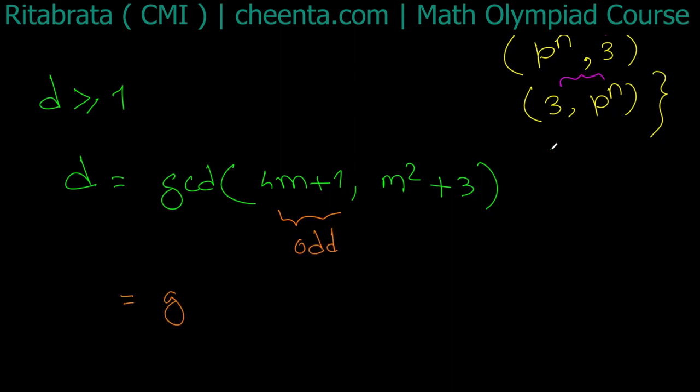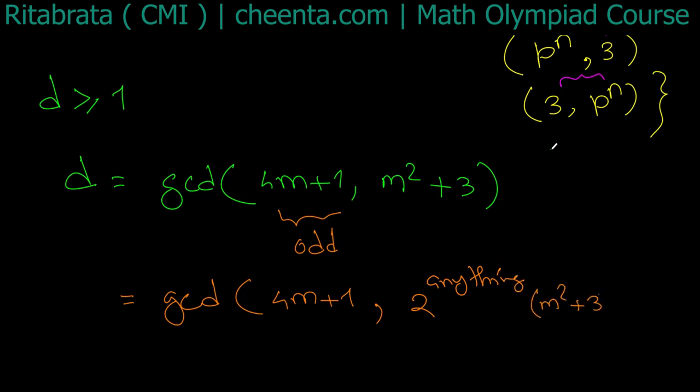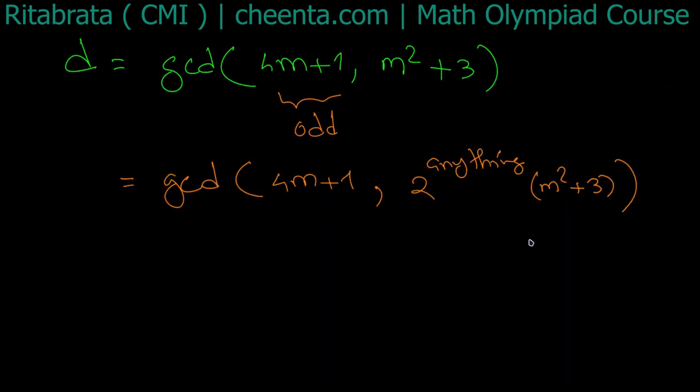So I can multiply a number by a coprime factor and that won't affect the GCD. So this is the same as the GCD of 4m plus 1 and 2 to the power anything times m square plus 3, because I am multiplying by a coprime factor. That won't affect my GCD. Now what can be my anything? See, I can try to use the Euclidean algorithm to compute the GCD to reduce it to a smaller case.